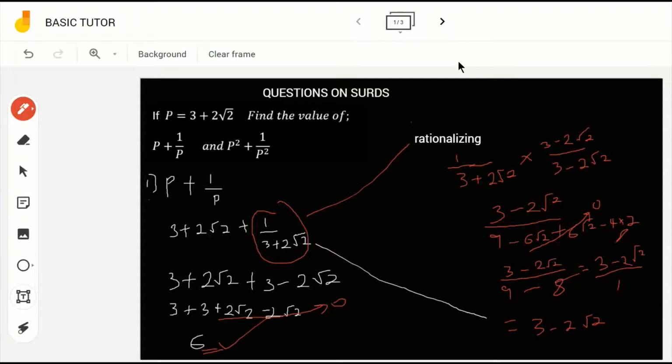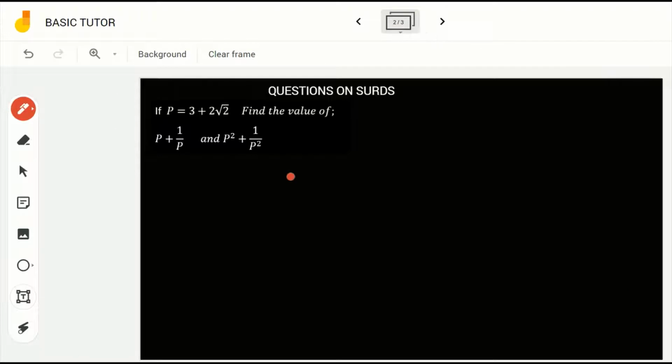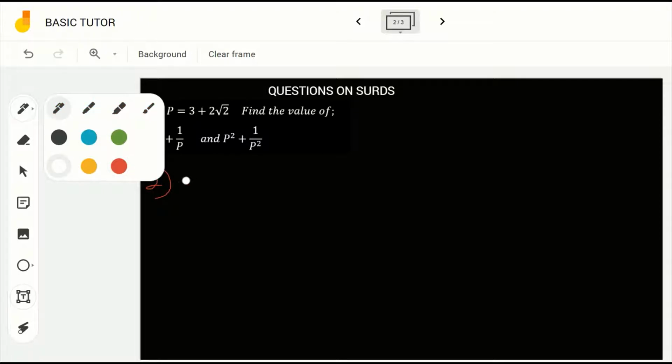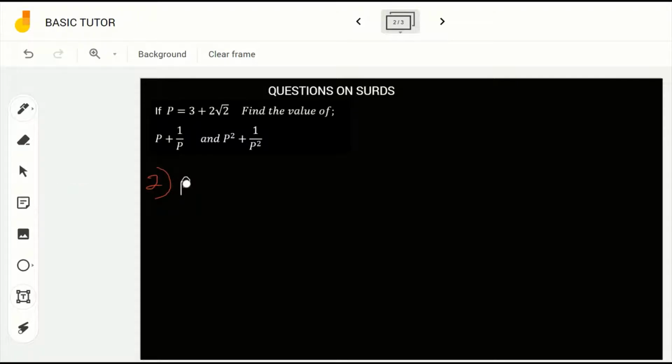Now let's solve the second question, which is p squared plus 1 over p squared. We have p squared plus 1 over p squared.